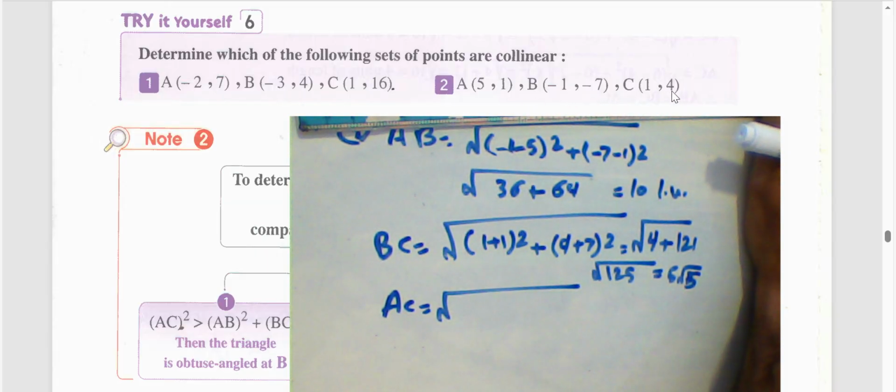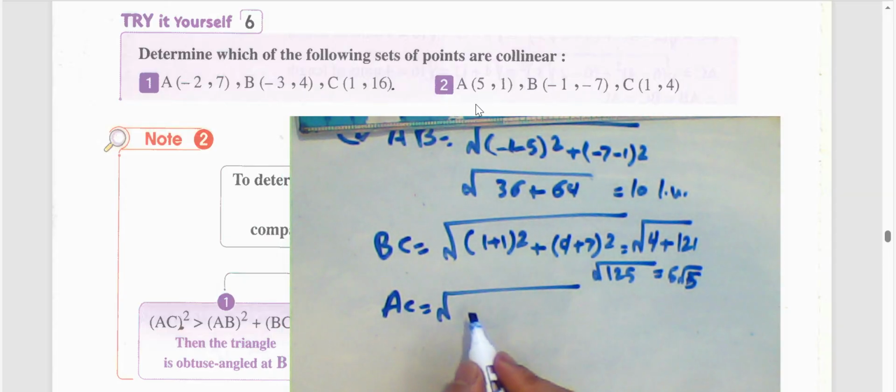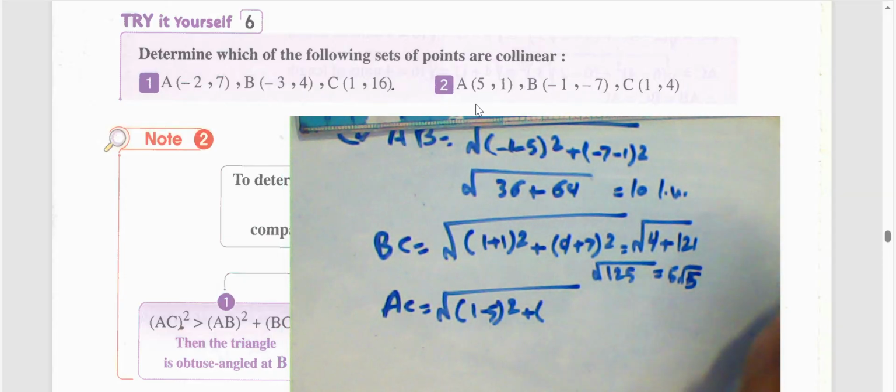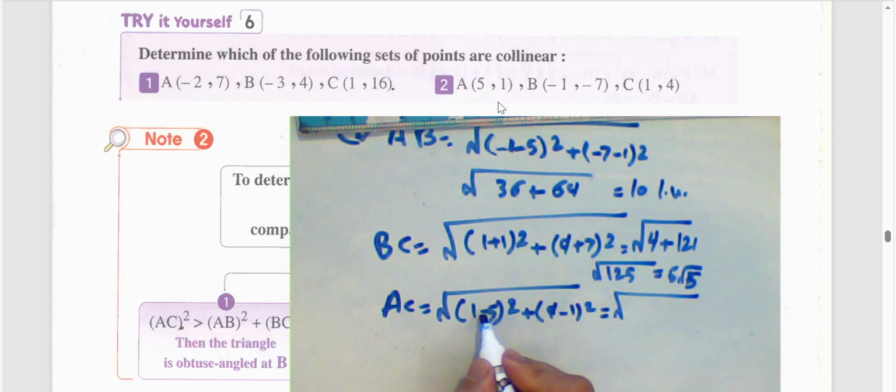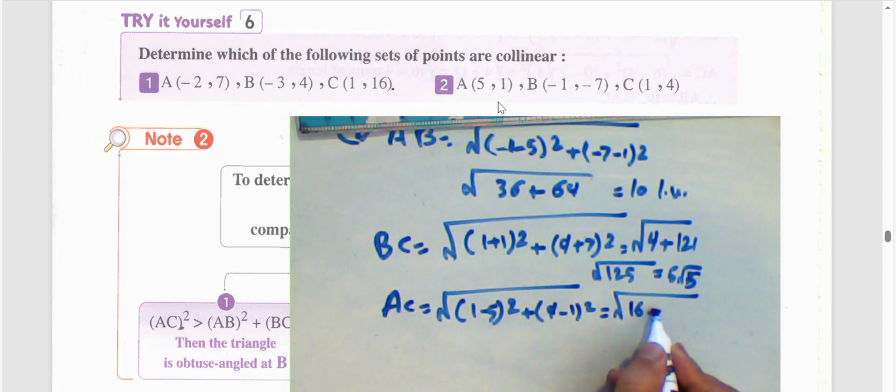A and C here, we can write 1 minus 5, all power 2, and 4 minus 1, all power 2. 1 minus 5 is negative 4, power 2 is 16, and 4 minus 1 is 3, power 2 is 9. The result will be 25. Square root of 25 will be 5 length units.